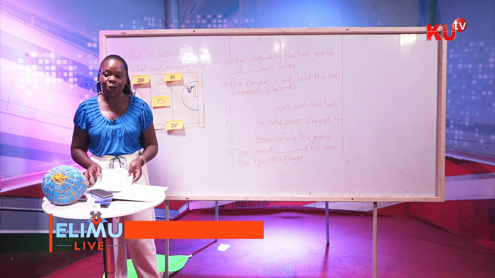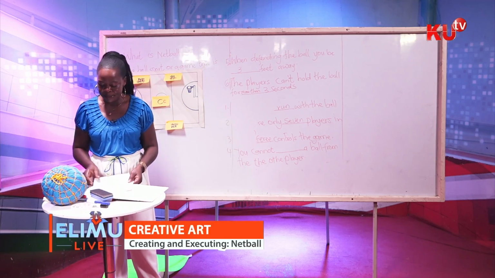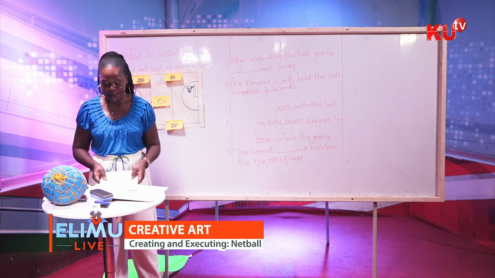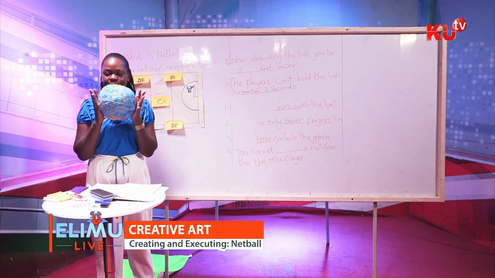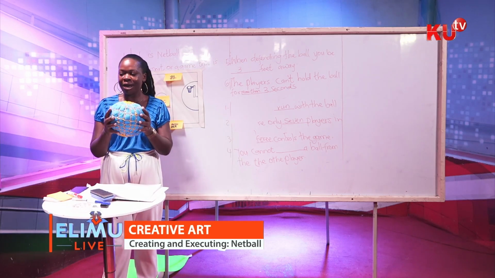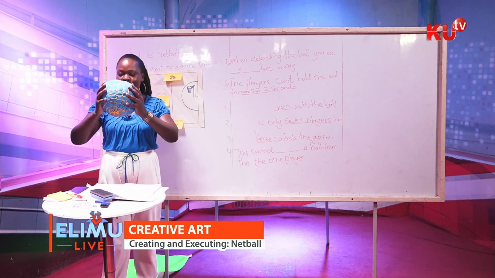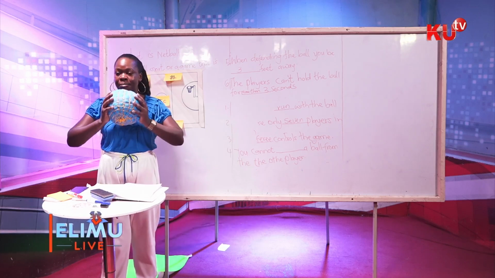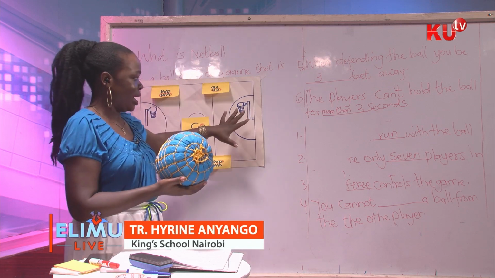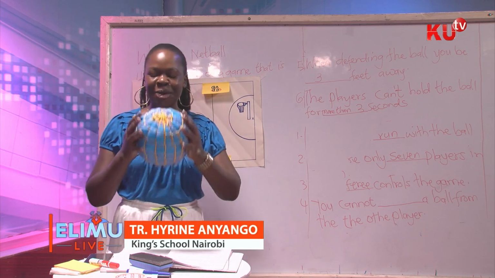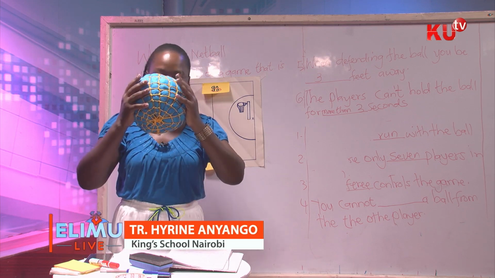I hope we have enjoyed the lesson. And in our next lesson, maybe we shall learn how to make the ball. As you look at this ball, it has been made using improvised materials. So if you want to go and play outside, please don't go and ask your parent to buy you a ball. You can improvise.